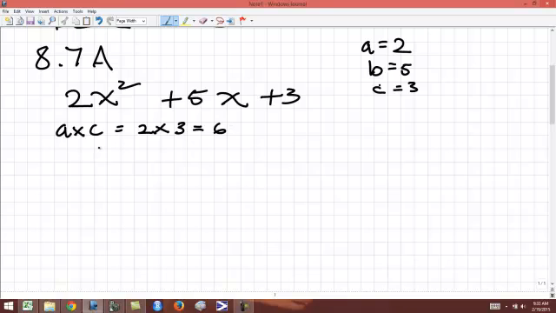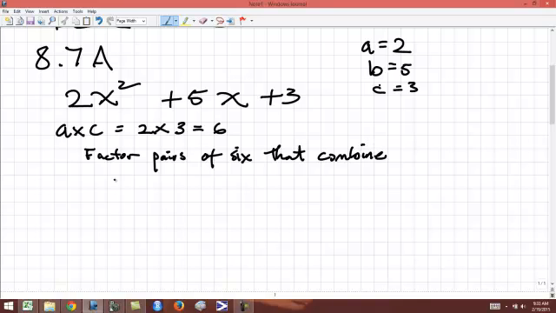So I'm looking for factor pairs of 6 that combine to equal 5. In other words, factor pairs of a times c that combine to equal b.